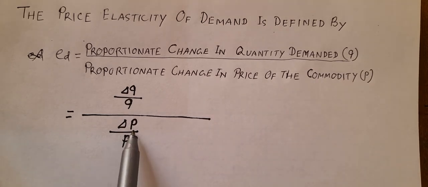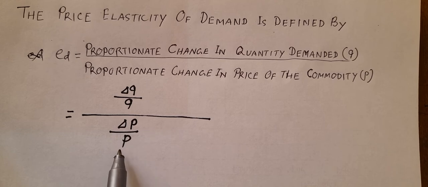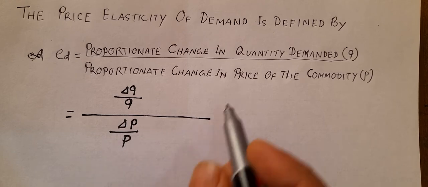Delta P means change in P divided by P, the proportionate change in price.